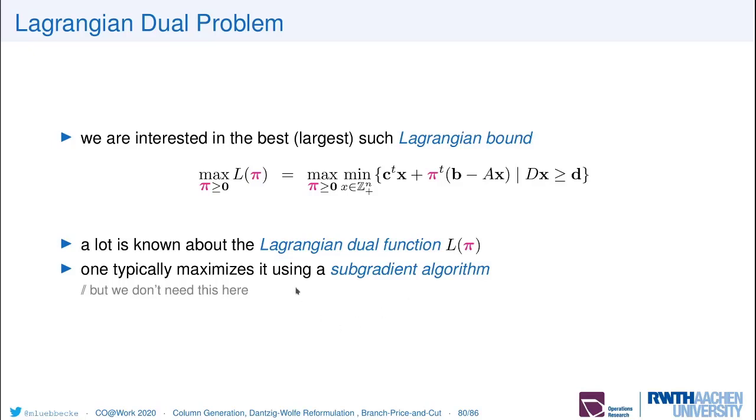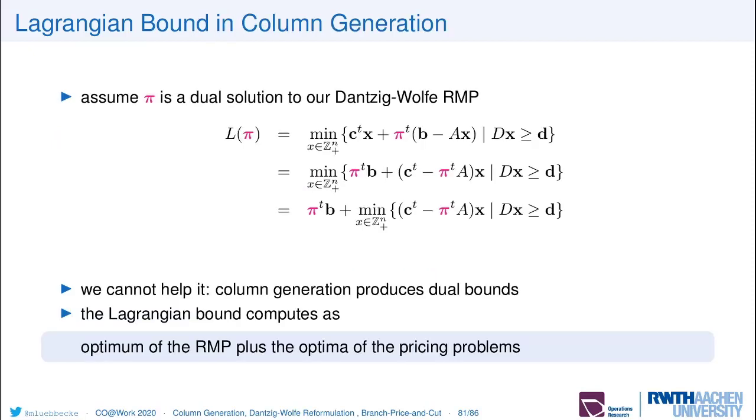So from many, many papers in the operations research literature, we can obtain a best or closest to best Lagrangian dual bound on the integer optimum I'm interested in. Why am I spending time on this? Because I would like to revisit what we did in the Dantzig-Wolfe.